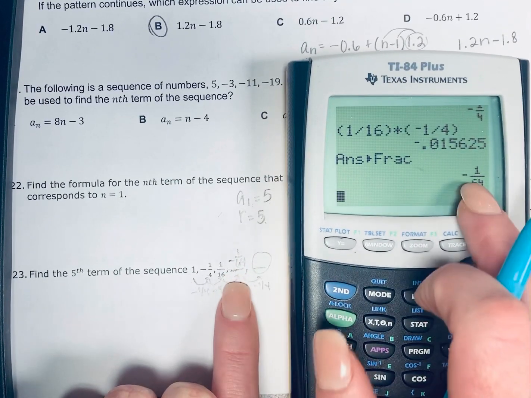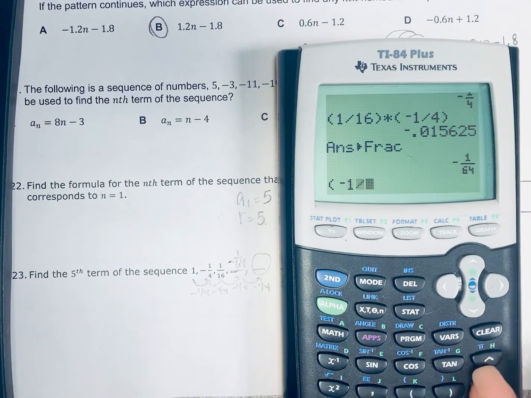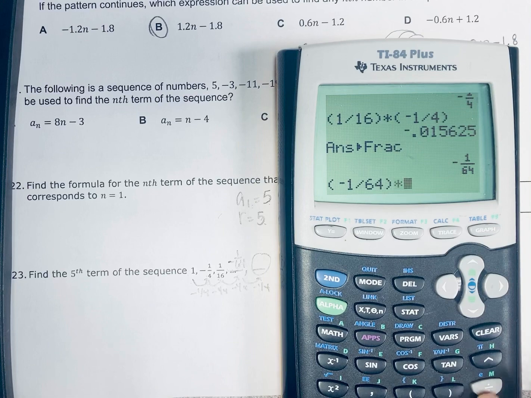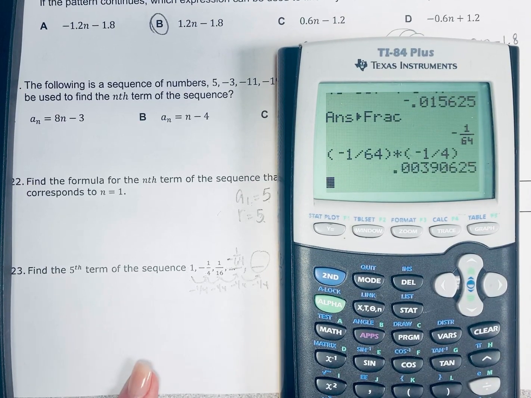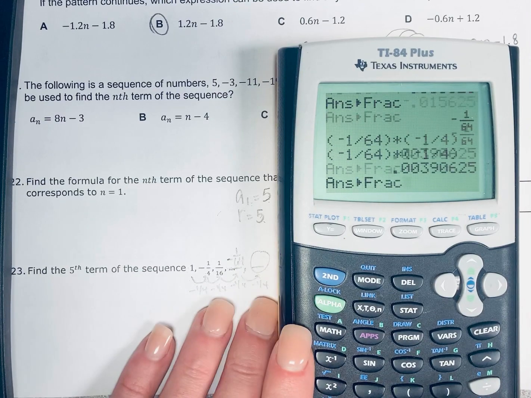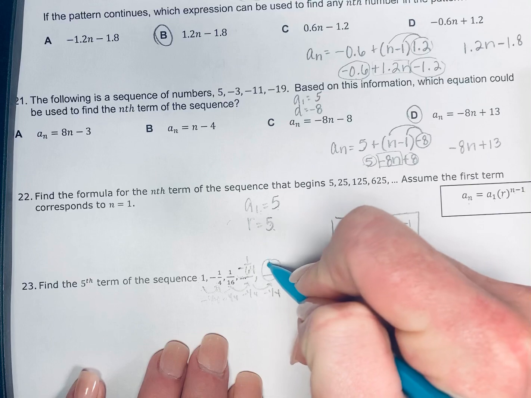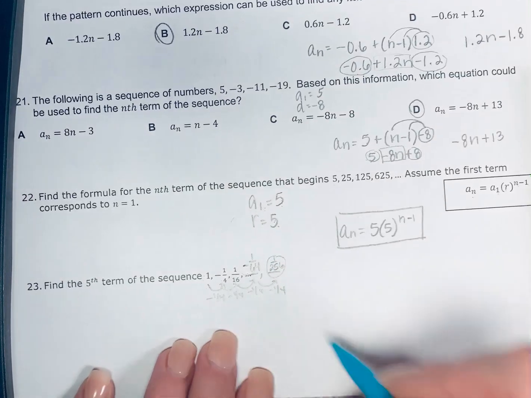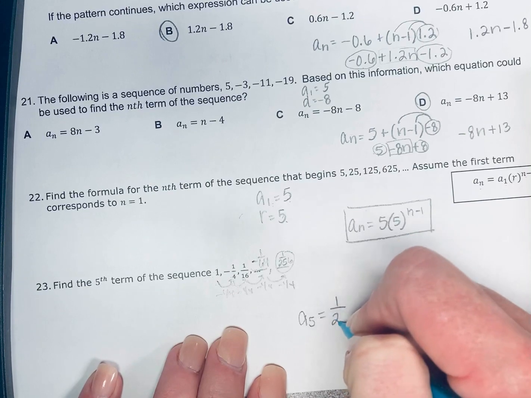Now I'm going to take that answer and multiply it by negative 1/4. So negative 1/64 times negative 1/4. Again, math, enter, enter. 1/256. Okay, so that would be my fifth term. Would be 1/256.